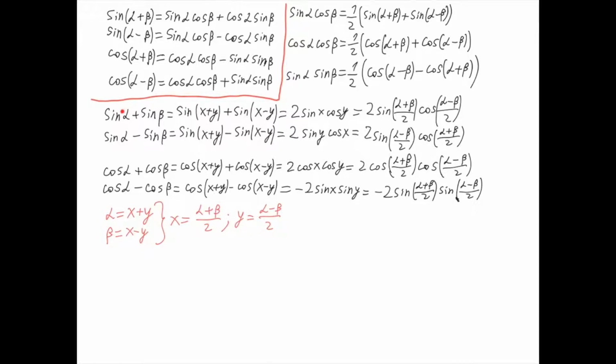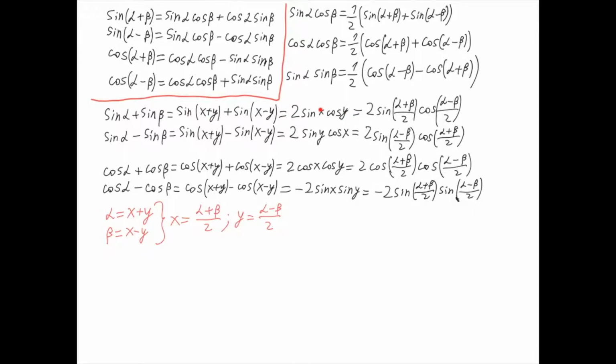So we can substitute alpha with x plus y, we get sine of x plus y, and we substitute beta with x minus y, and we get sine of x minus y. And now, sine of x plus y plus sine of x minus y equals this expression here for x instead of alpha and y instead of beta. And because sine of alpha plus beta plus sine of alpha minus beta equals 2 times sine of alpha cosine beta, similarly sine of x plus y plus sine of x minus y equals 2 times sine of x cosine y.